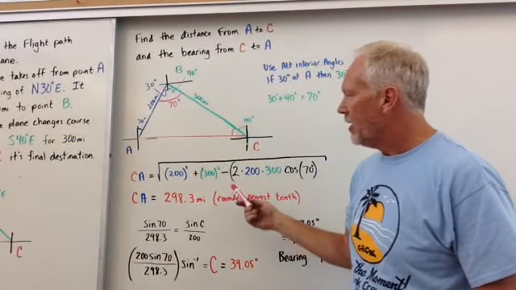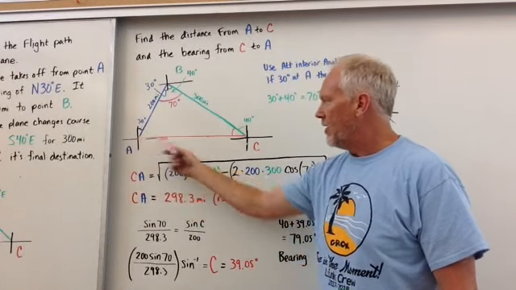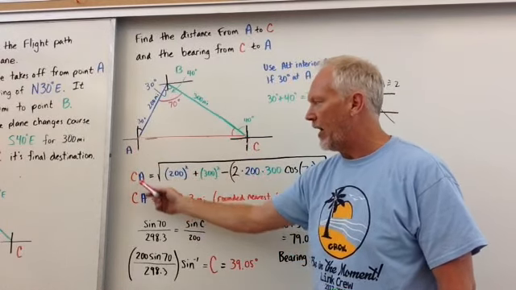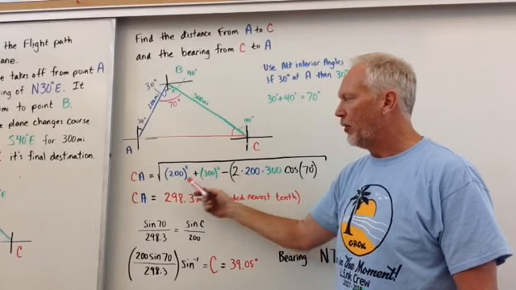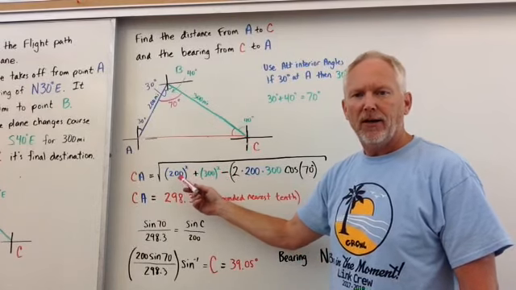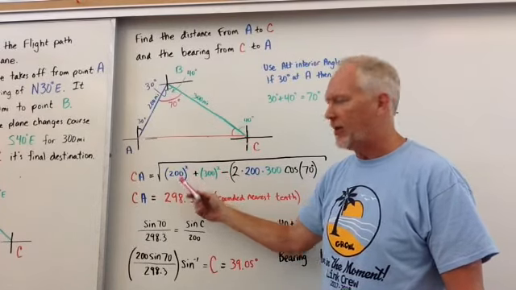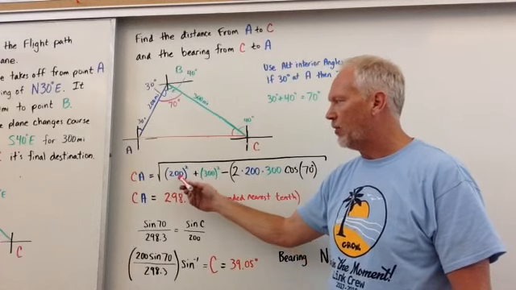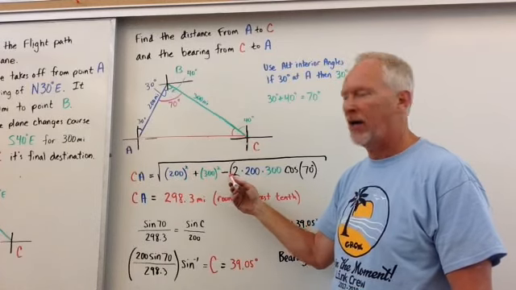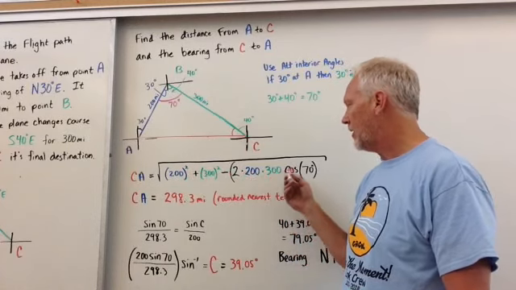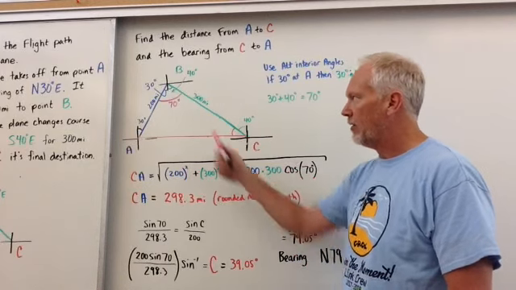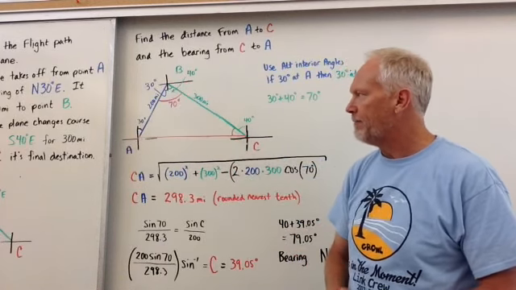So once I do that, then I can find the distance from C to A, or A to C, is the square root of, if you recall the law of cosines, c squared is equal to a squared plus b squared minus 2ab cosine of the angle opposite c.